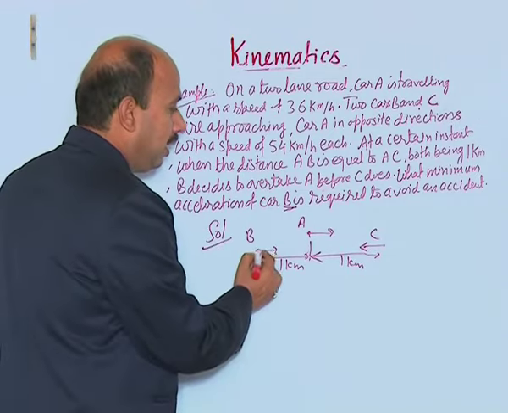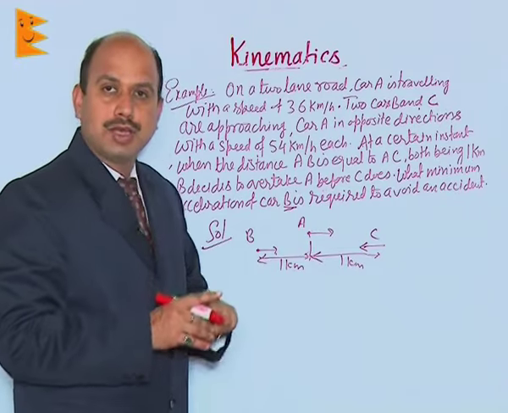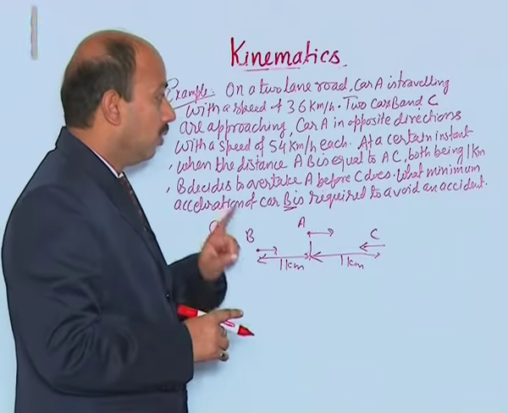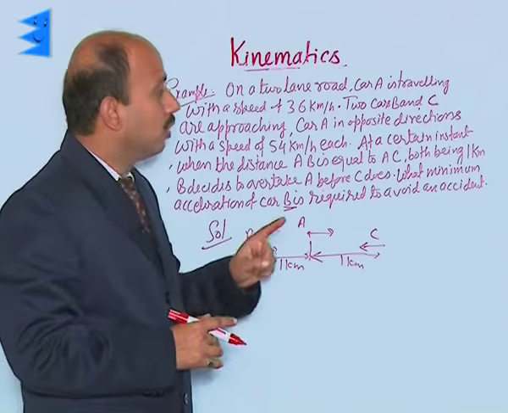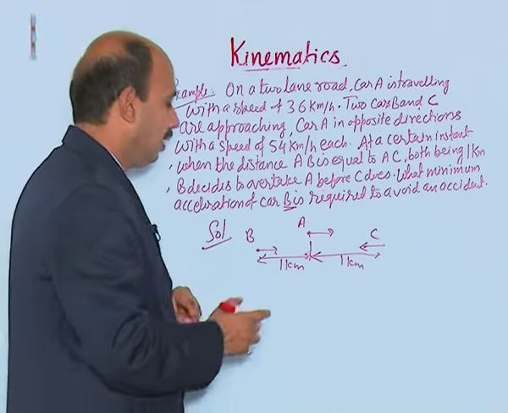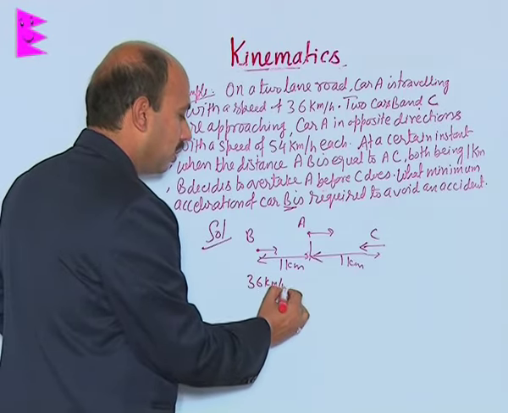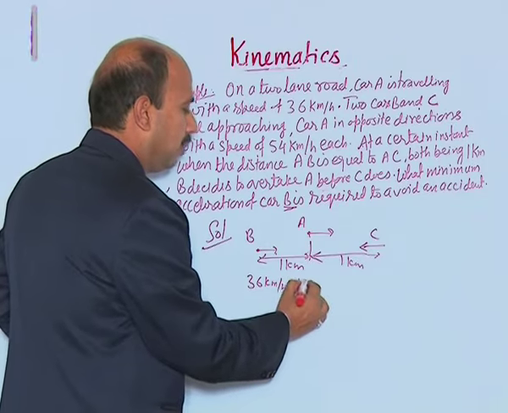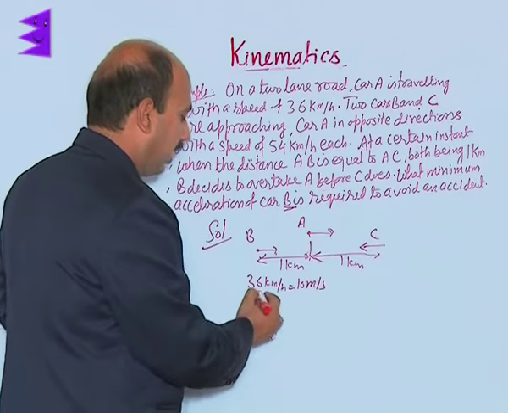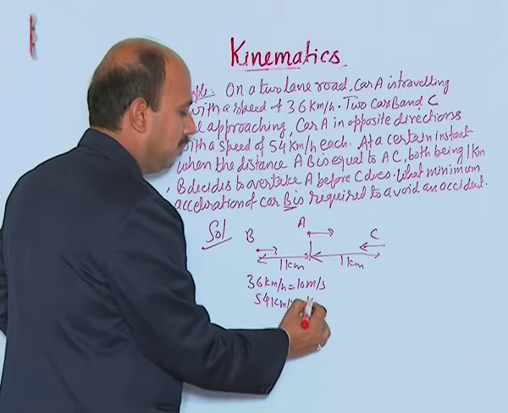So B and A are in the same direction, C and A are in opposite directions. So first you have to convert the speeds into meter per second. We can write here 36 kilometer per hour is equal to 10 meter per second and 54 kilometer per hour is equal to 15 meter per second.